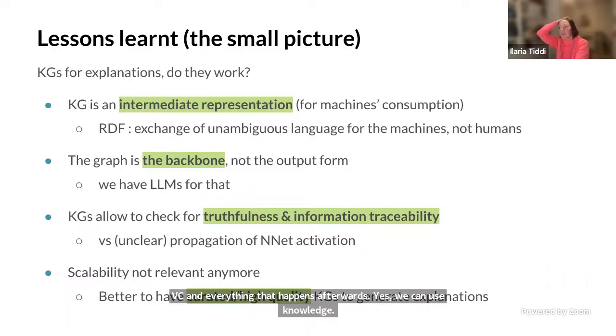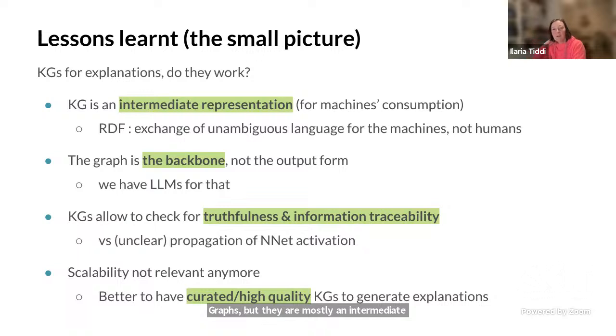Knowledge graphs are really for machine consumption. They shouldn't be for human consumption. RDF is just a language for machines to exchange information unambiguously. So we should not look at a knowledge graph as something that we humans should understand, but more as something that machines can quickly exchange.